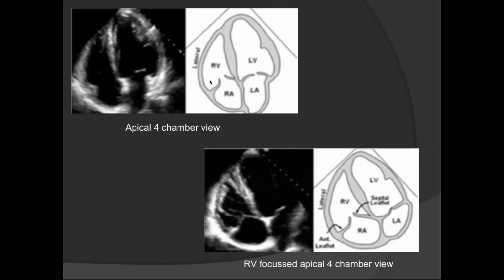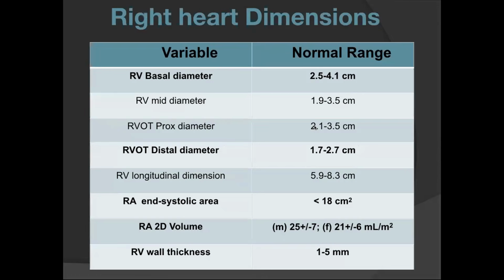As compared to the upper image, you can see the basal diameter is now much wider, and the LV apex remains in the center. So this is the correct RV focused apical four-chamber view, and this is the view in which the parameters which Dr. Hansa had earlier shown should be taken. The RA and the RV should be measured in this particular view. So we should all practice making this view.